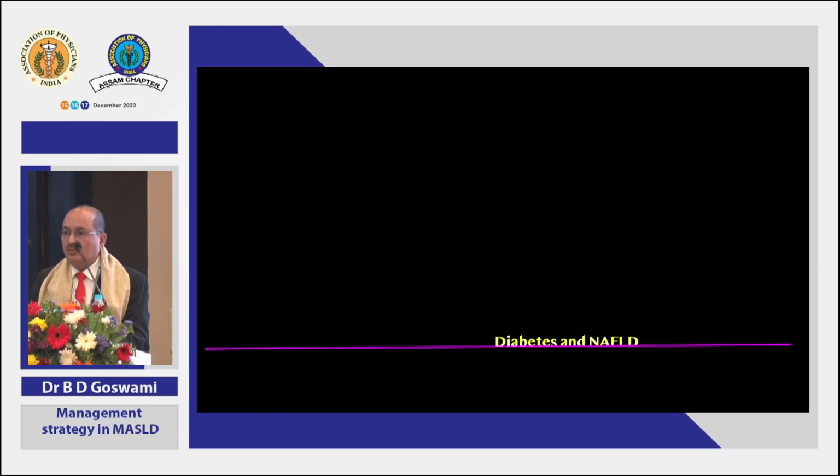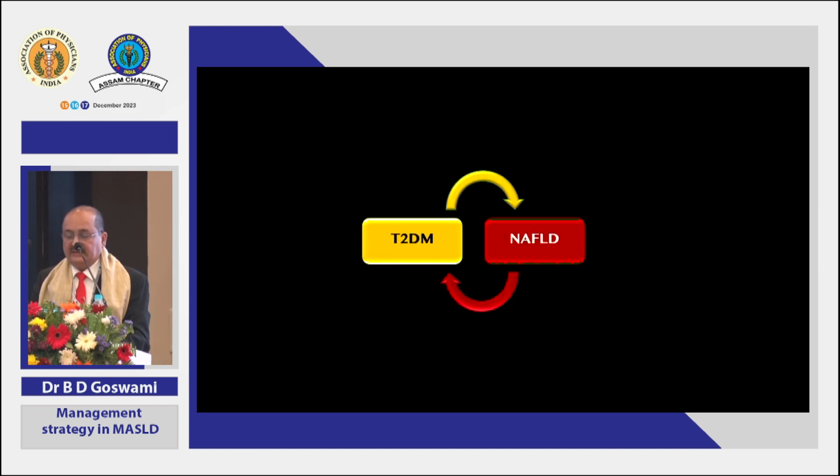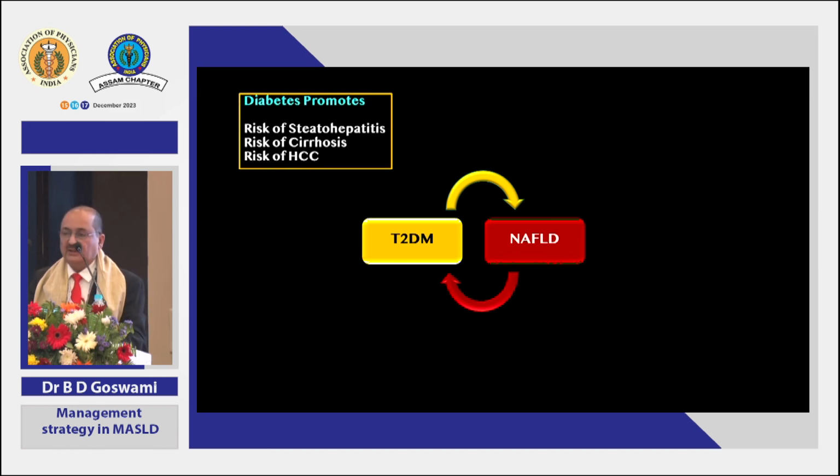So two points I wanted to mention are diabetes as well as obesity, because for the line of treatment, we have to think about these two issues. There is type 2 diabetes and NAFLD, and once the patient has diabetes, it promotes steatosis, cirrhosis, and hepatocellular carcinoma.